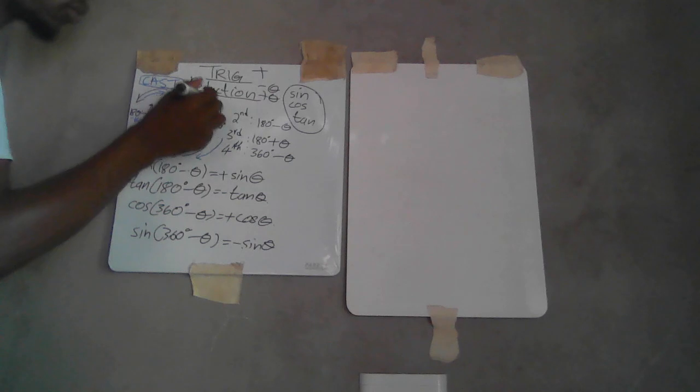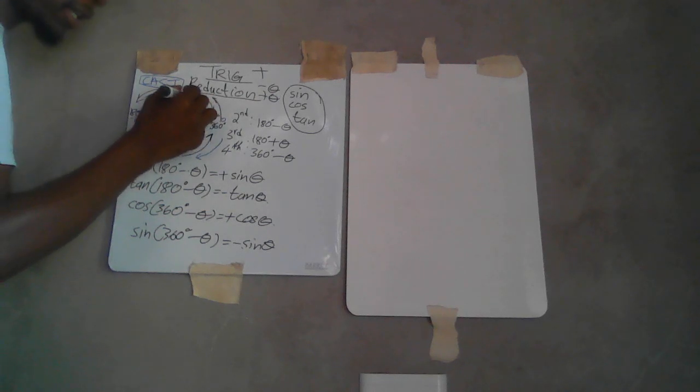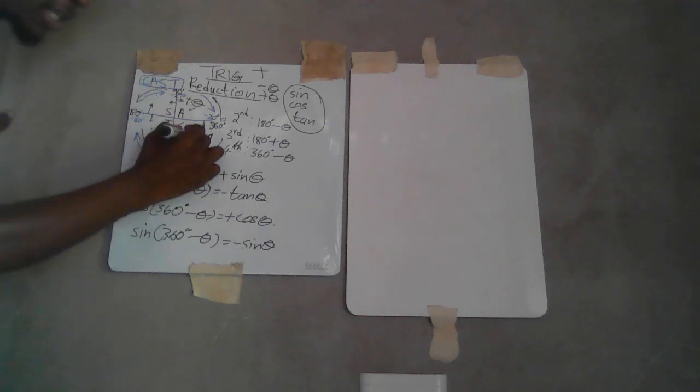Now in our first quadrant, when we move this way, we get positive angles, positive theta. But when we move clockwise, we get negative theta. So from this line it's plus theta, then negative 180 minus theta, and negative 360 plus theta.